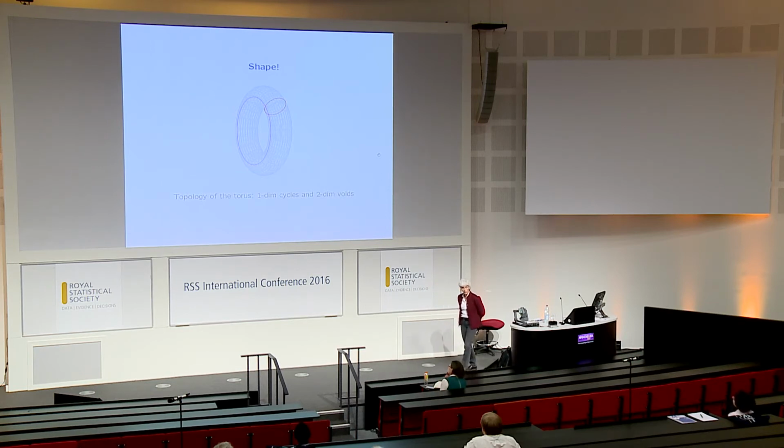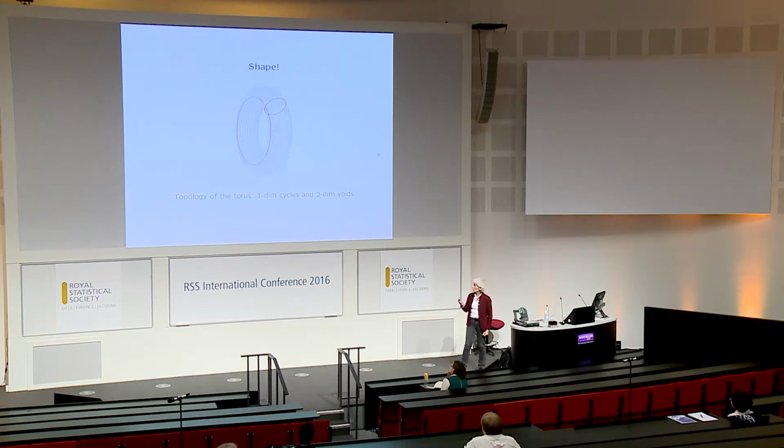And of course, the sphere also has a void, but it would not have any of these cycles, because if you have a cycle like the red one or the purple one on a sphere, and think of it as a rubber band, it of course completely contracts.